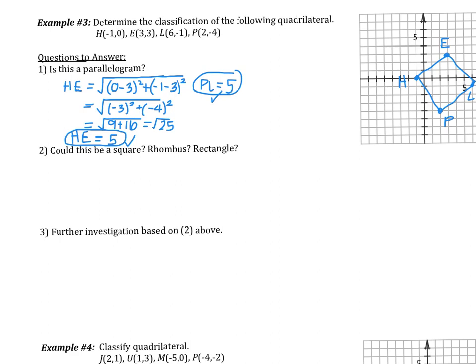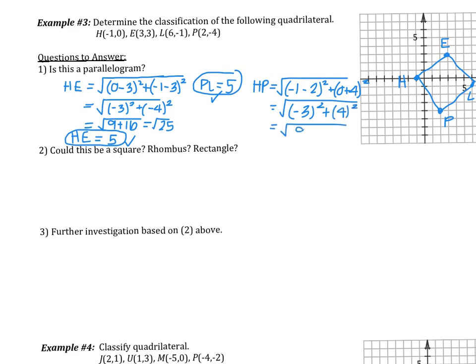Let's do HP next. I'm going to show that with the distance formula. Again, great practice. So you have -1 minus 2, 0 plus 4, so -3 squared plus 4 squared.